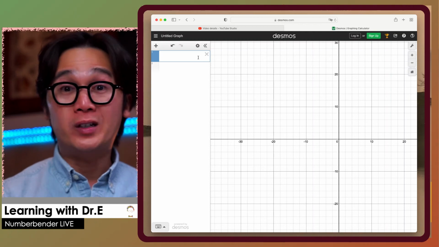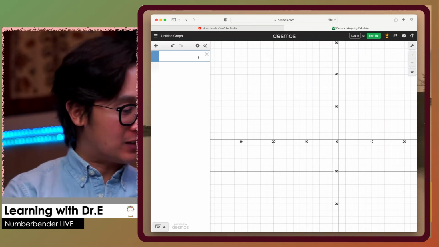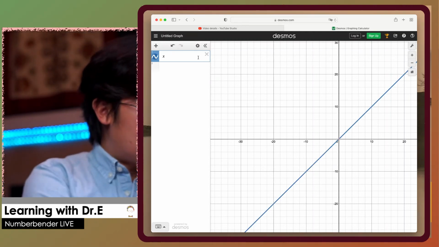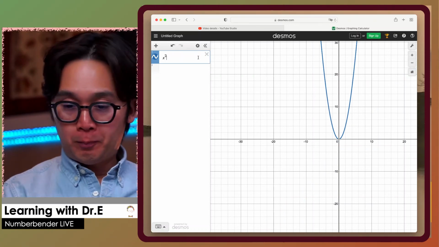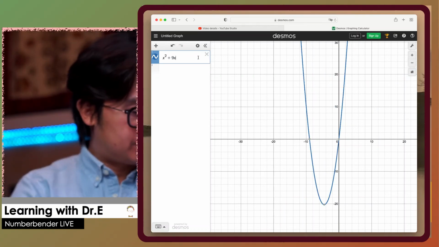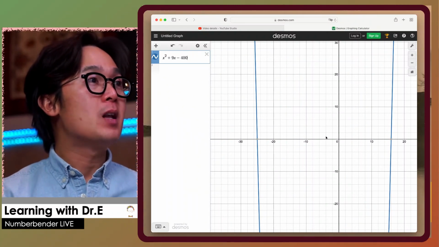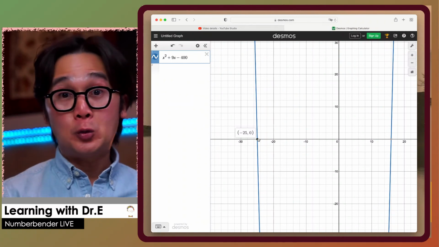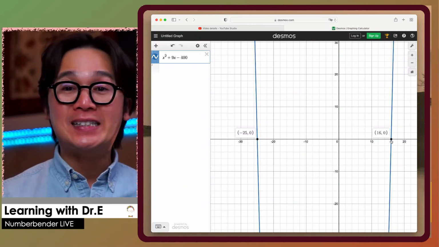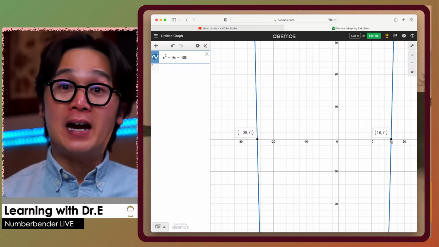So we have x squared plus 9x minus 400. And now we're seeing negative 25 as one of the solutions, and positive 16 as one of the solutions of the quadratic equation.